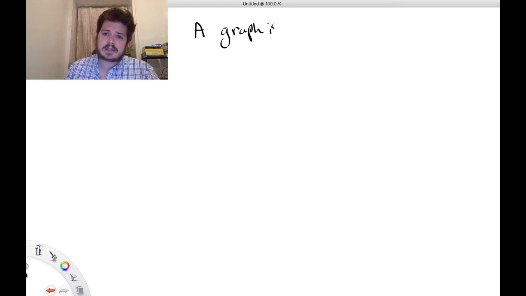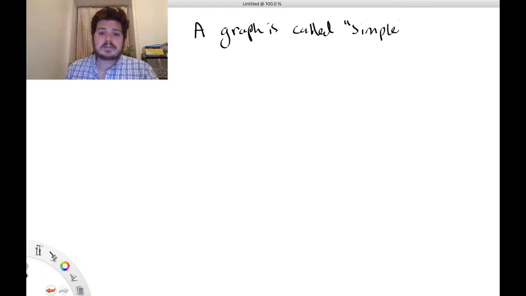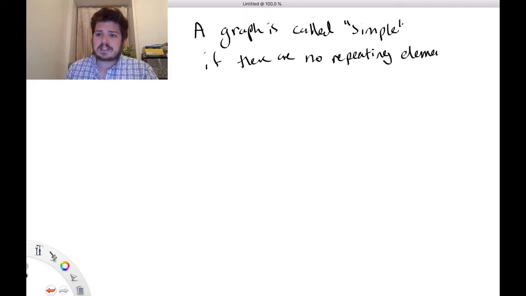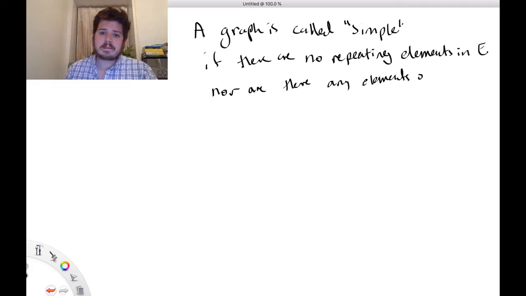The graph is called simple if there are no repeating elements in the edge set E, nor are there any elements of the form Vi, Vi.